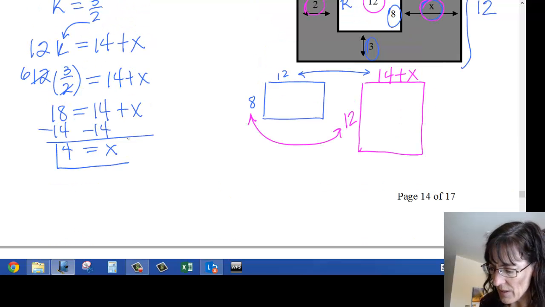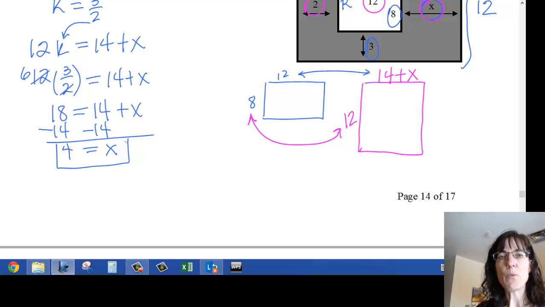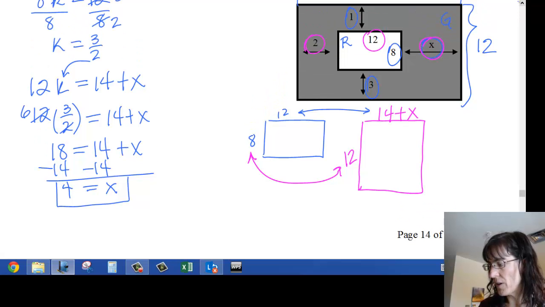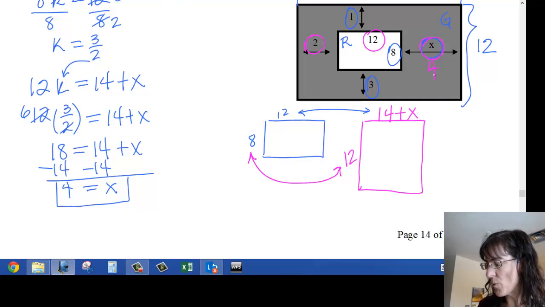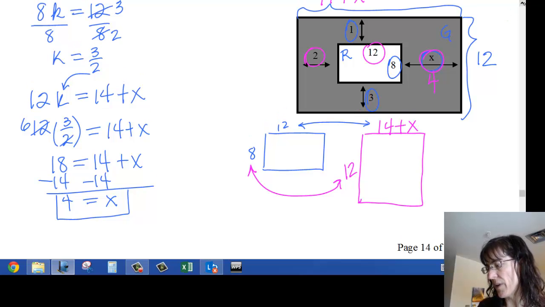So what that's telling me is that if I use 4 for the x, then the shaded area, let's see if I can do it in color for you. So I'm using 4 for that x, and that's telling me that that shaded area will be 4 on that dimension, 2 on the other, 1 above and 3 below, and it will become a gnomon to the original white rectangle.